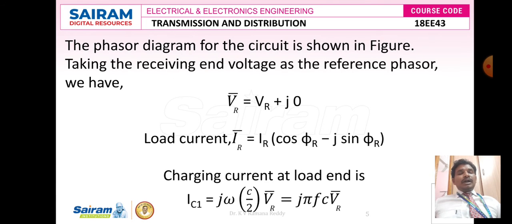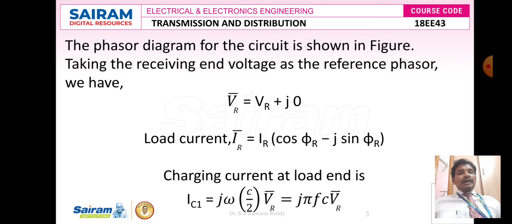By taking the phasor diagram as a reference for the nominal pi method, the receiving end voltage is also taken as a reference to analyze the remaining voltages and currents. Therefore, the receiving end voltage VR is equal to VR plus j0, and the load current IR is equal to IR at an angle of minus phi R. At an angle of minus phi R, we can write e power minus j phi R. Using Euler's identity, we can expand e power j theta as cos theta plus j sin theta, so e power minus j theta is cos theta minus j sin theta.